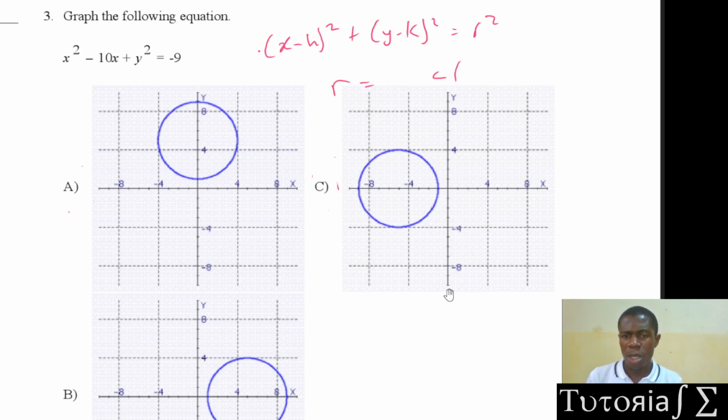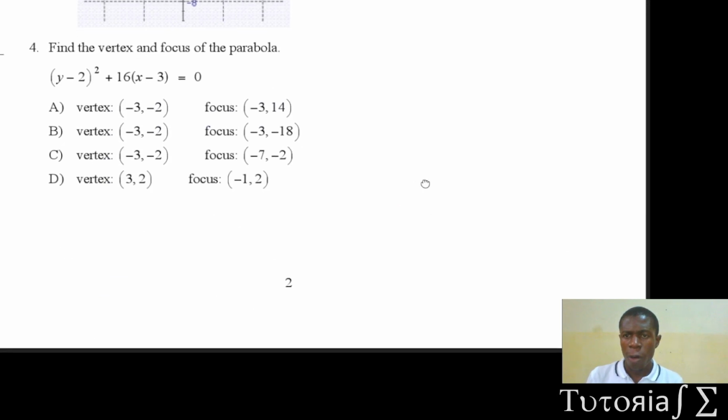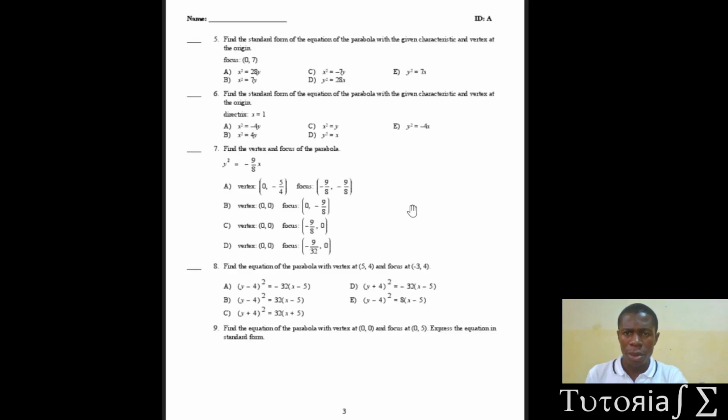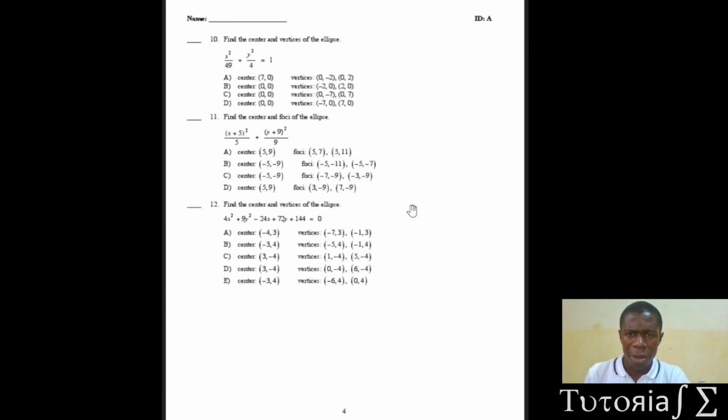Now for question 2, I'm going to skip question 4 and vertex. This is on parabola. Is there anything else on circle? Okay, these are on parabola.